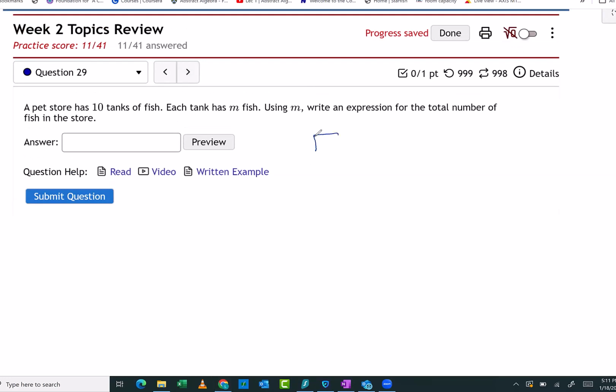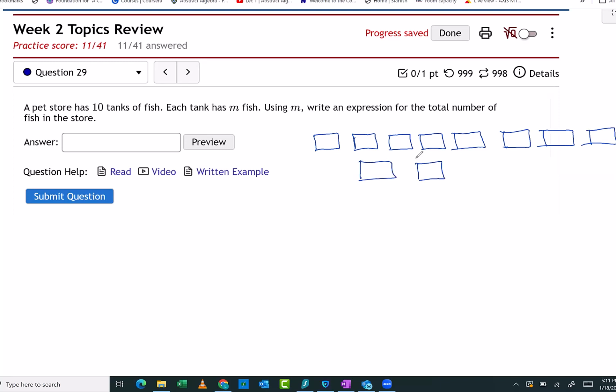I have 1, 2, 3, 4, 5, 6, 7, 8, 9, 10. Each one of these tanks has M fish in them.